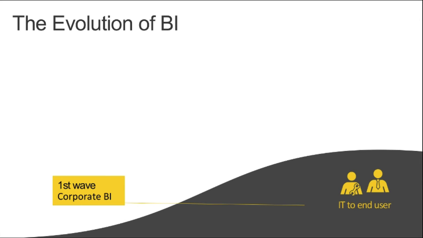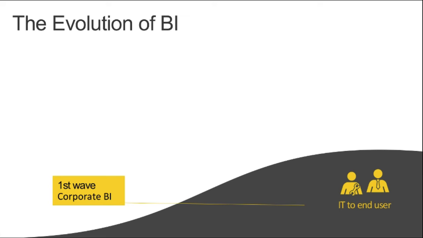To talk about where we're at today, we need to kind of talk about the history, right, of BI in general, right? So the first corporate wave really started around, I would say, early 2005 to about the 2008 time frame, right? So this is what we like to refer to as the corporate BI world, right?